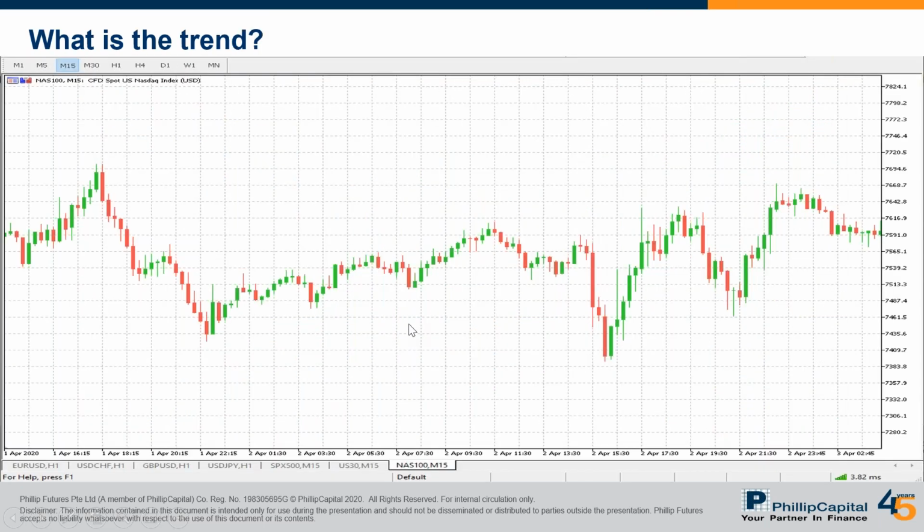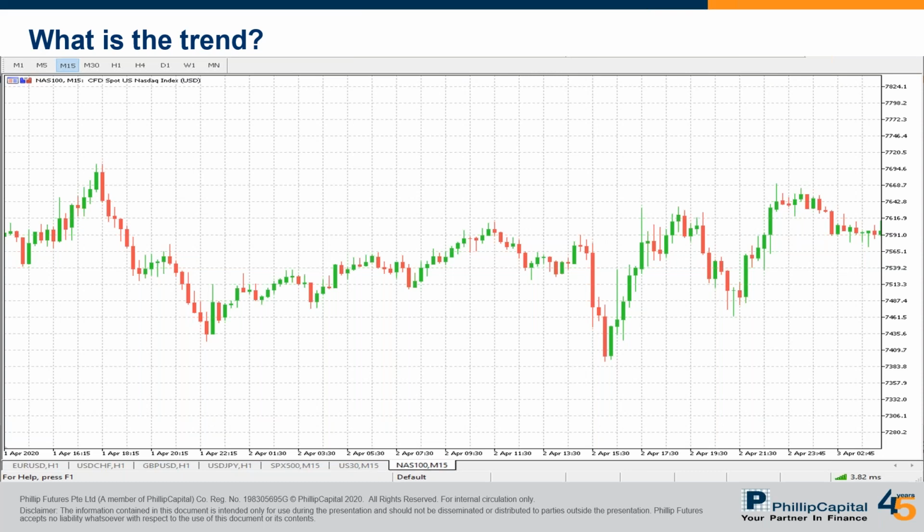So for example, this is the Nasdaq 100 chart. If we are given a chart like this, sometimes it's very difficult to identify whether it is going up or going down without any indication.